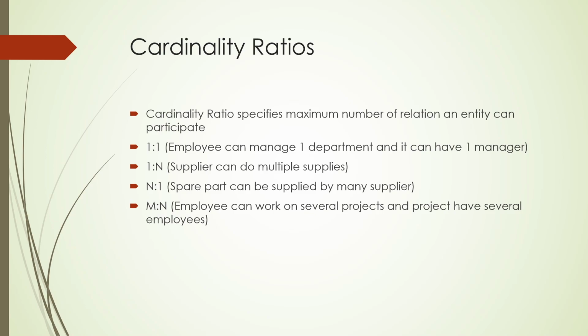Now let's go ahead and see the M-to-N relationship. In this kind of relationship we have multiple relationships with each other. For example, here I've tried to state that an employee can work on several projects and the projects have several employees, right? So in a particular team, there are shared resources. They're working in a shared environment where an individual can work 50% on a particular project and 50% on another project.